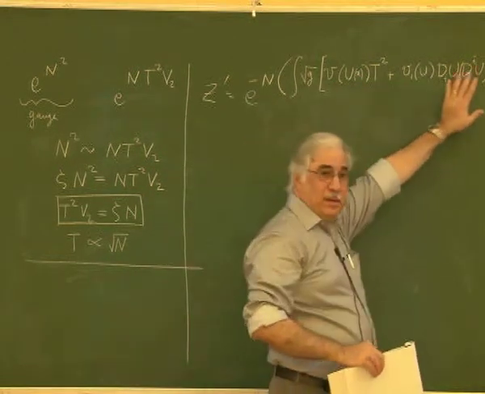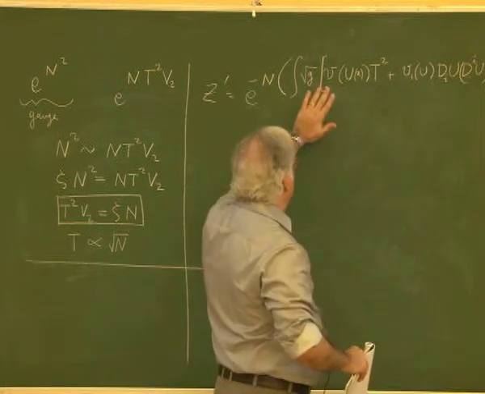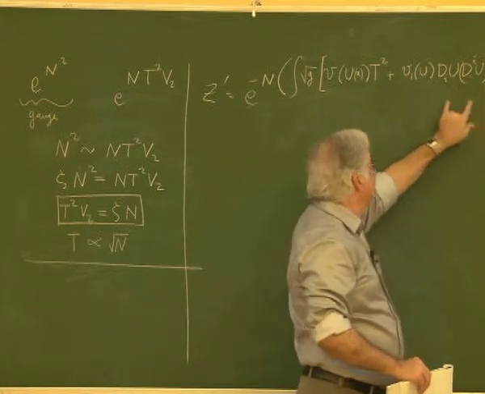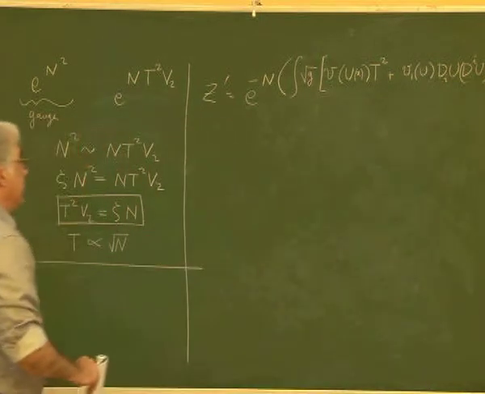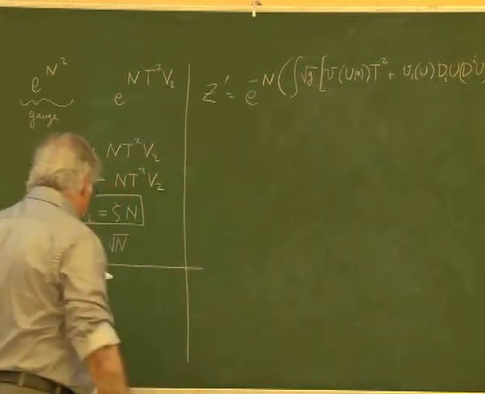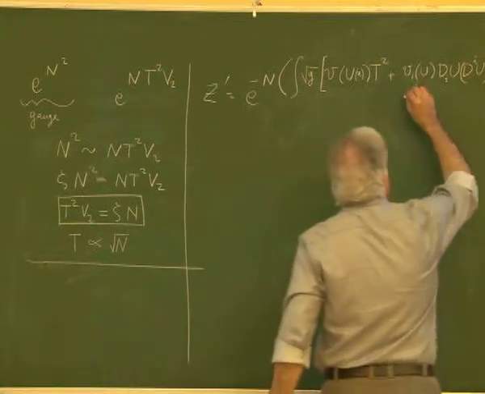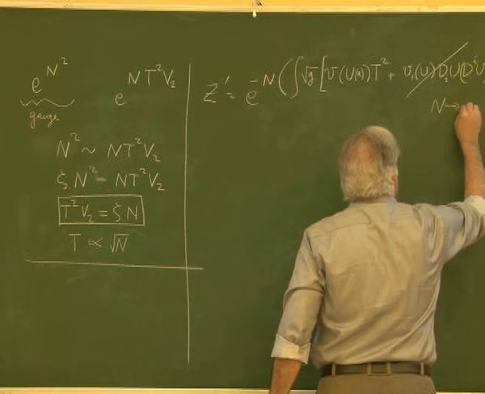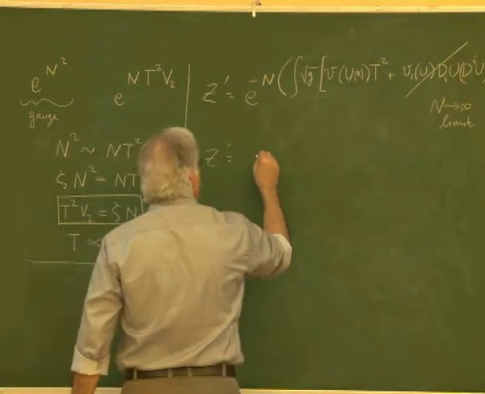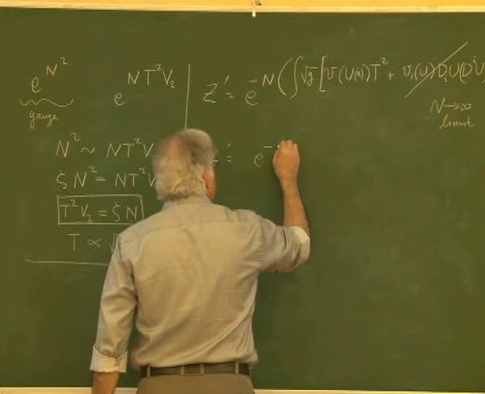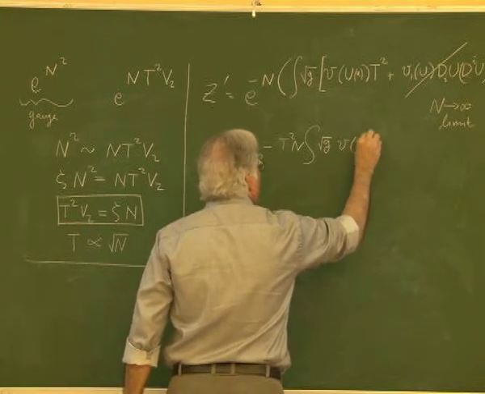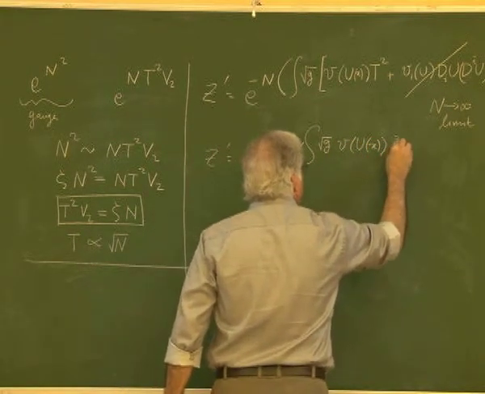These are unknown functions which I have to calculate depending on the matter, and I have introduced T squared just by dimension analysis, and no T squared here because you have two derivatives, etc., etc. All right, so this is the type of local expansion you will have, and because of this particular type of limit that I am working with, I can drop all this in the N going to infinity limit, and Z prime essentially is e to the minus T squared N integral square root of g V of U of x d2x over the sphere.